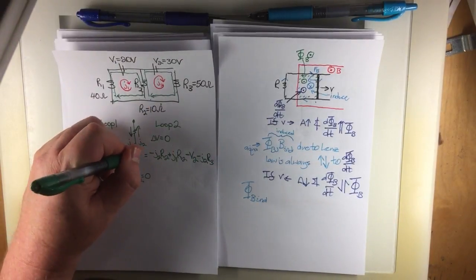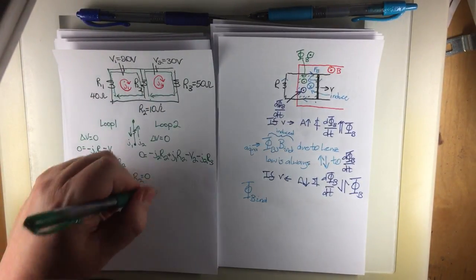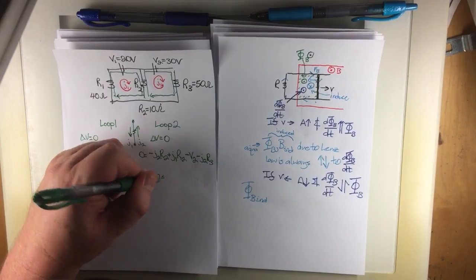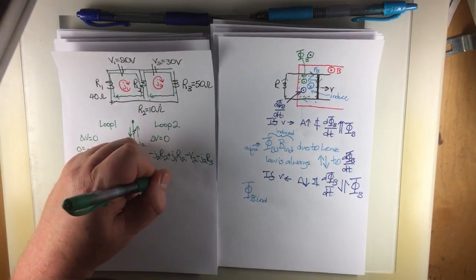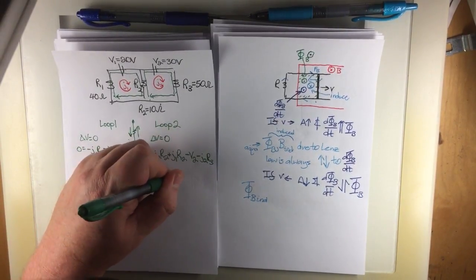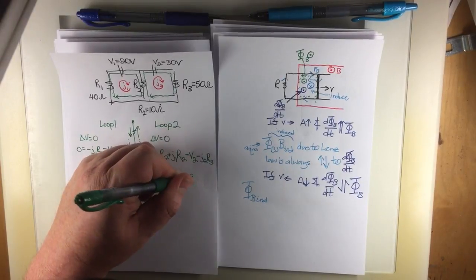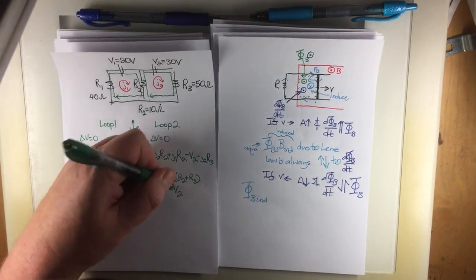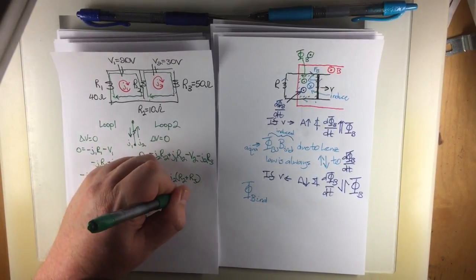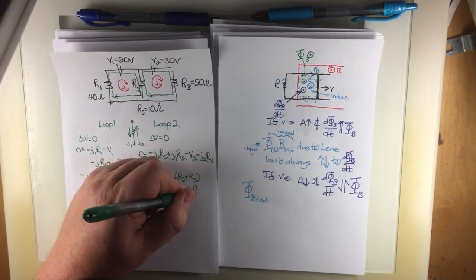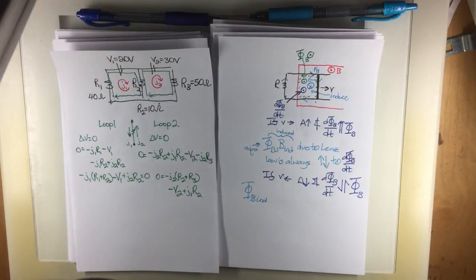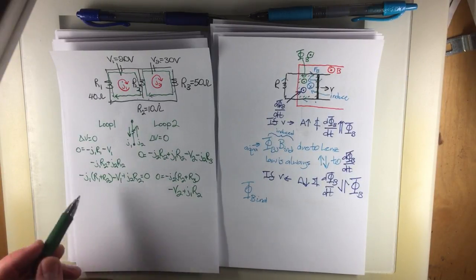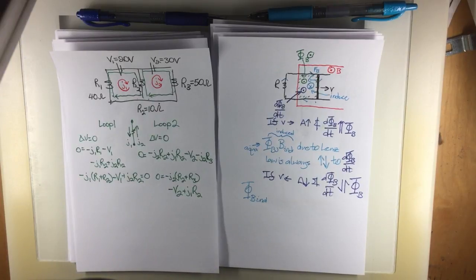And that again is equal to 0. Simplifying it, 0 is equal to minus J2 (R2 plus R3) minus V2 plus J1 R2. And these are the equations that I'm dealing with.